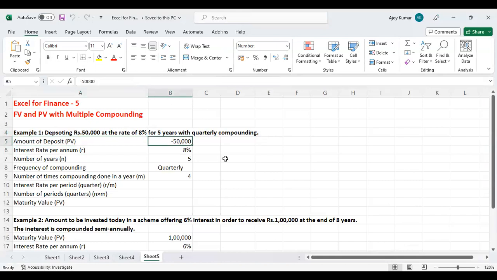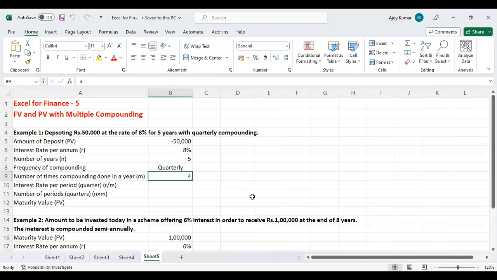Since I'm paying it today, I'm showing it as minus 50,000. Interest rate per annum R is 8%. Number of years for which I'm depositing the amount is 5 years. Frequency of compounding is quarterly. Since quarterly compounding is done, number of times compounding is done in a year, which is m, is 4.